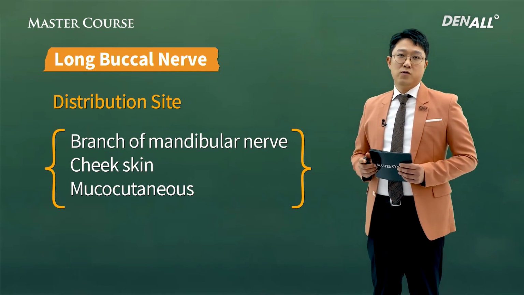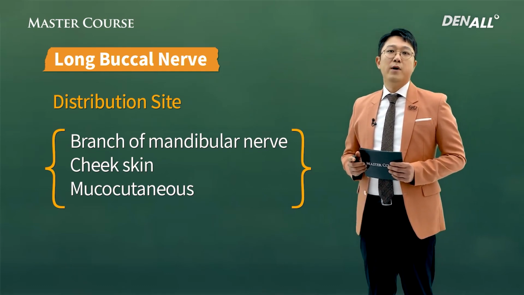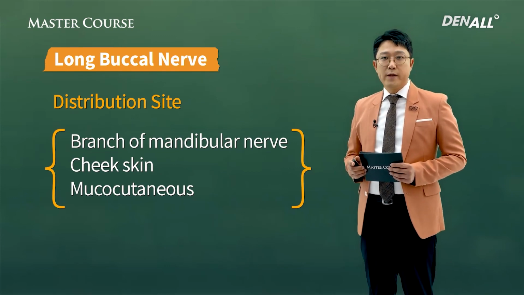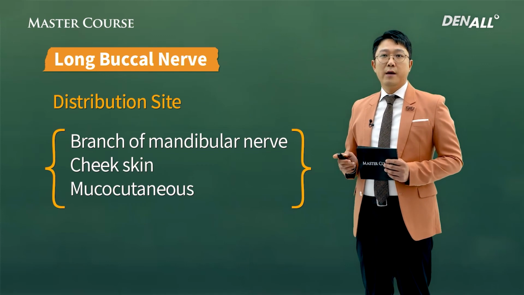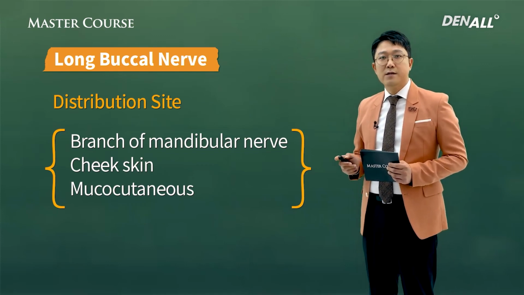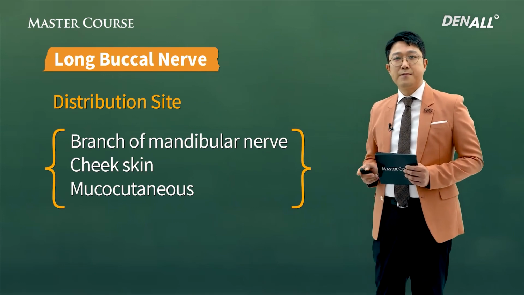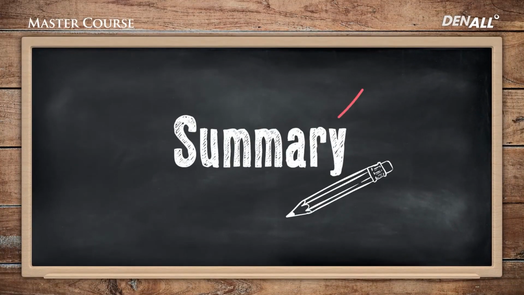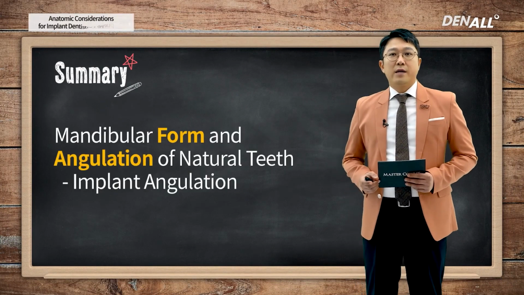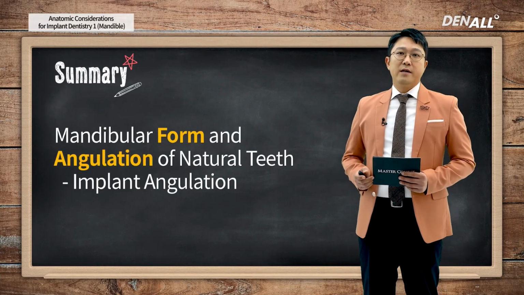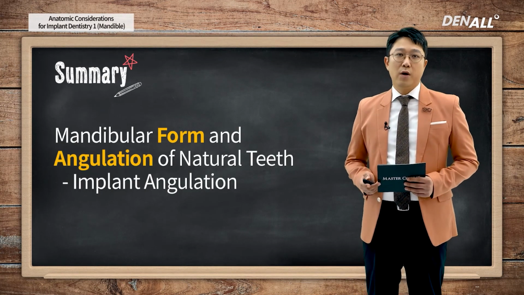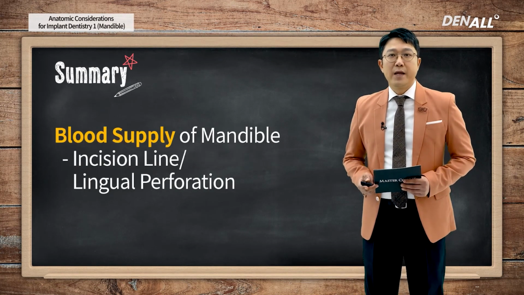Up to now, we have talked about the anatomy of the mandible in relation to implant placement. I talked about three main things. Let me briefly summarize what I have presented. First, mandibular form. Implant should be placed in an angulation similar to natural tooth angulation.